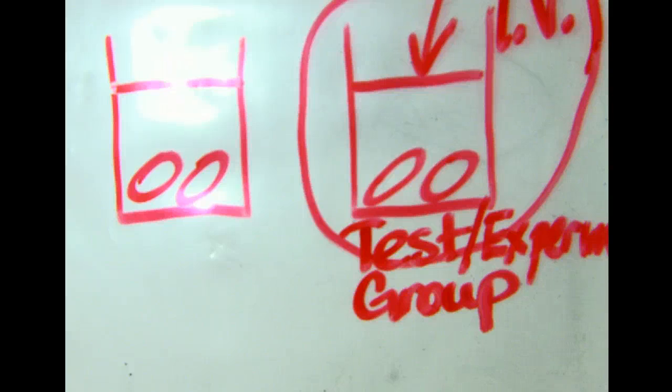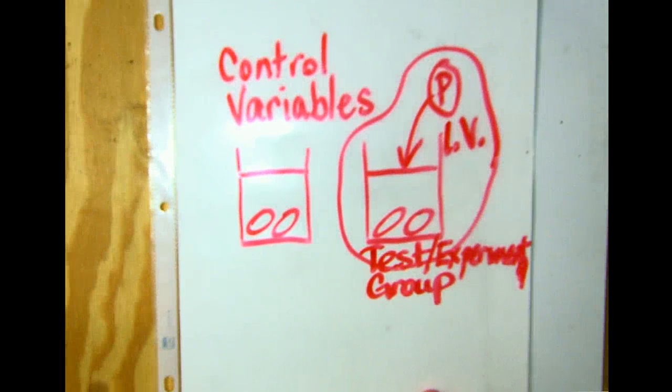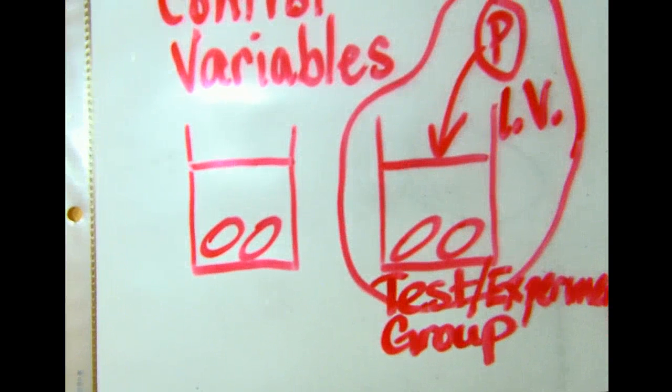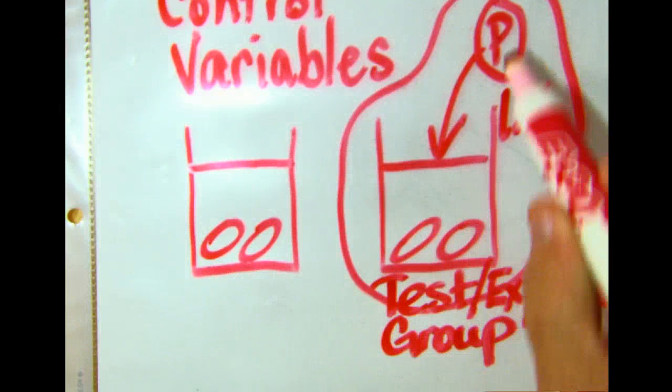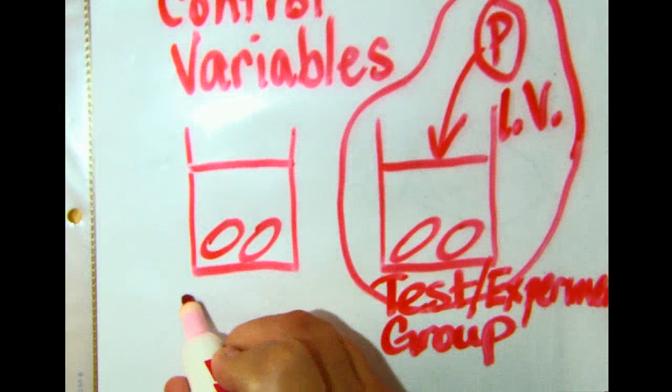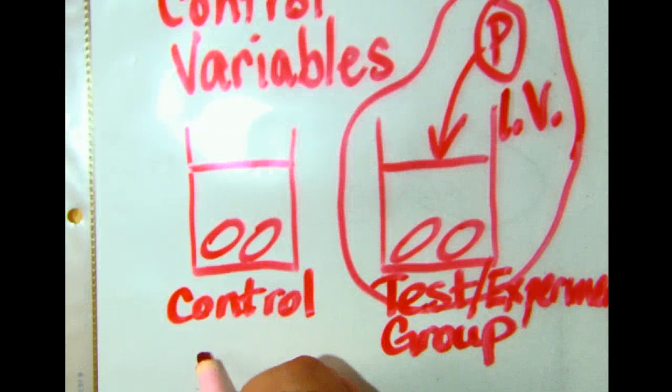Okay? The other container, the one that we didn't change, the one that we kept everything the same as in here except for that one thing, this one is called our control group. And the control group is typically the one that is closest to the natural conditions.